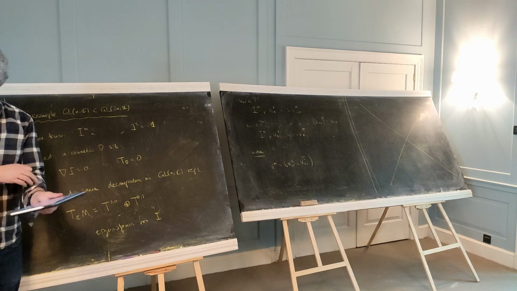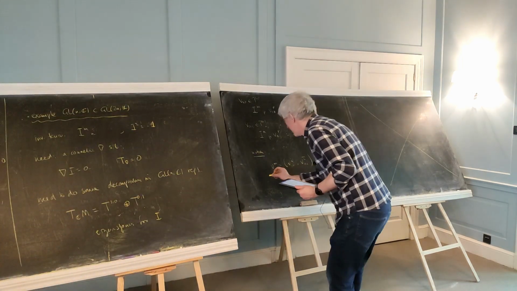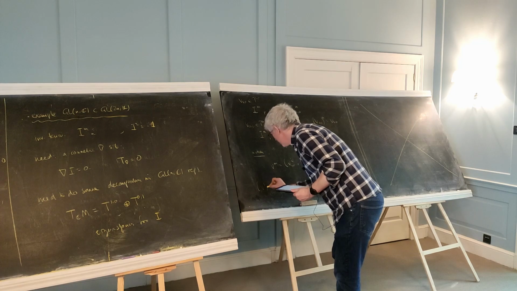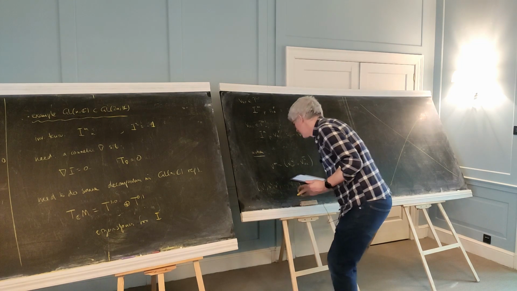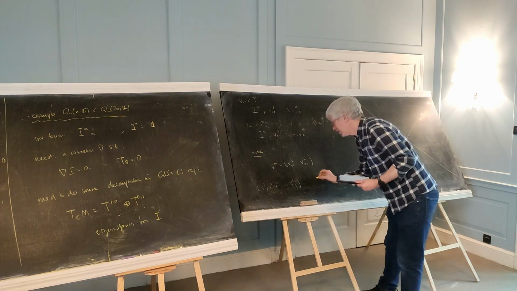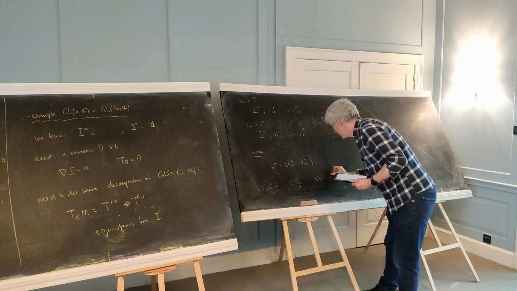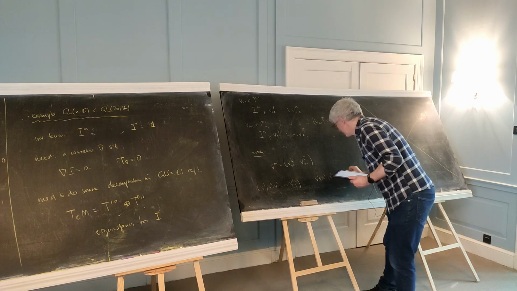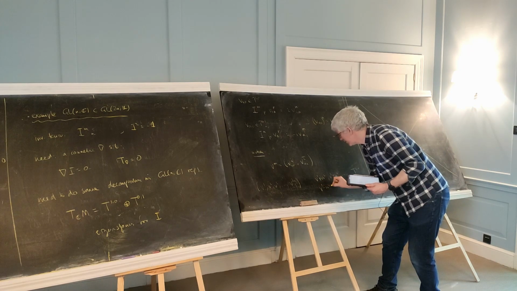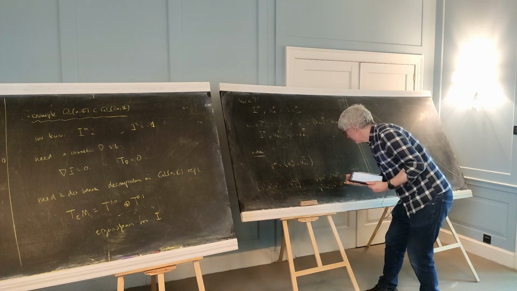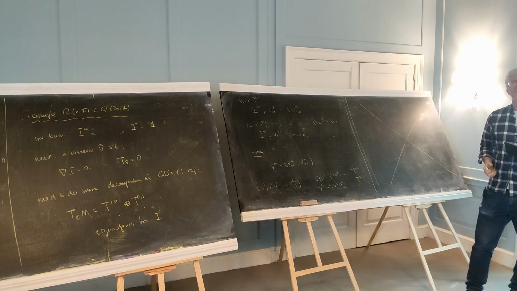If I had v1, v2, v3, all the way up to v2n, then I just take things that look like v1 plus i v2, v3 plus i v4, etc. These would be the things in T^{1,0}, and v1 minus i v2, v3 minus i v4, etc., would be the ones in T^{0,1}. That's all I'm doing.